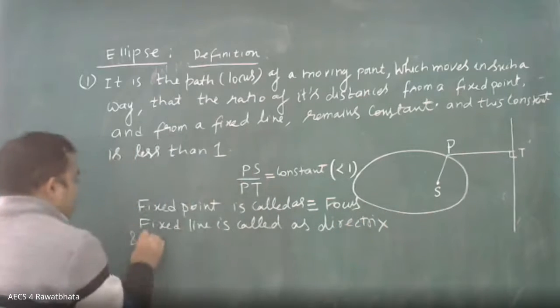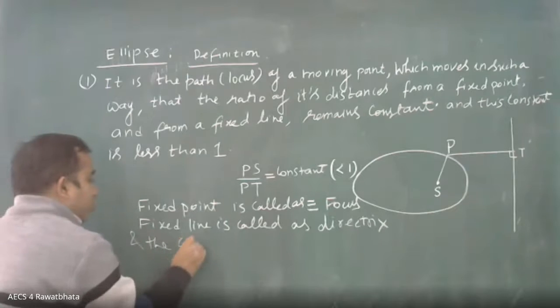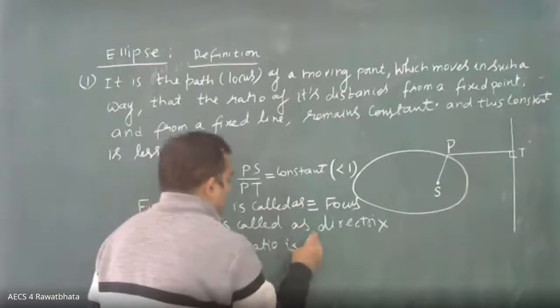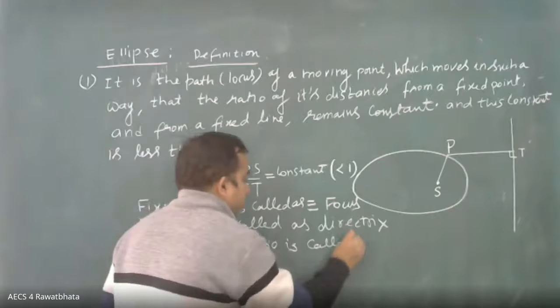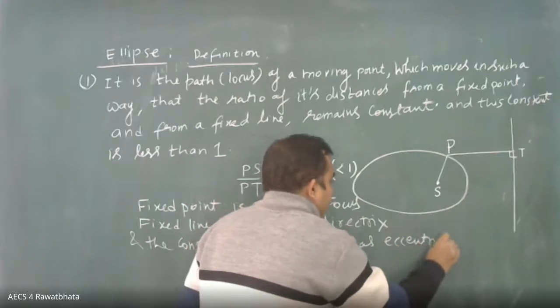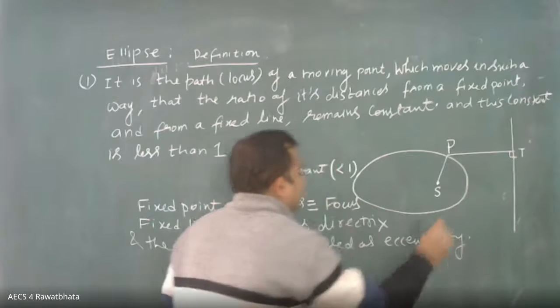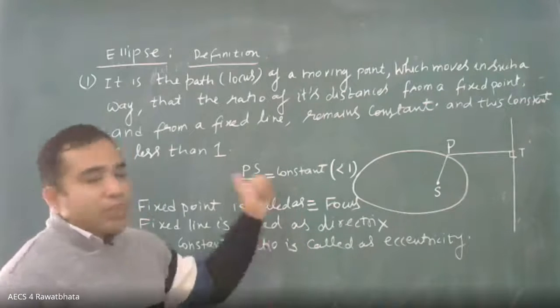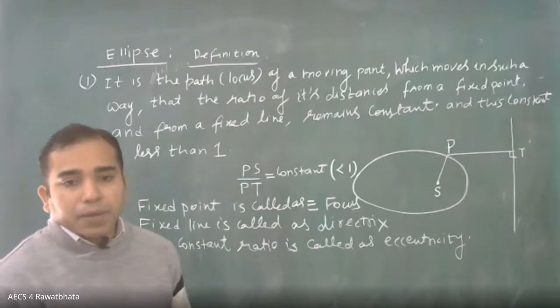And the constant ratio is called as eccentricity. Yes, eccentricity. So for parabola the eccentricity is 1, and for ellipse the eccentricity value is less than 1, strictly less than 1, right?